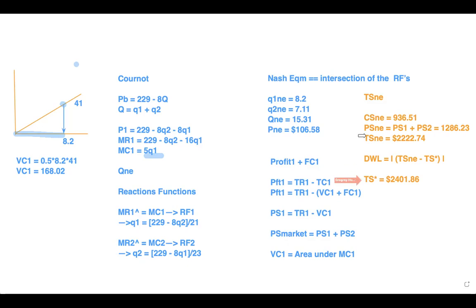So if they behave like Cournot competitors, then they restrain their output and drive up their price. What was the price under competition, Russell? The price was $61.18. So they're holding back output and they're driving up the price.